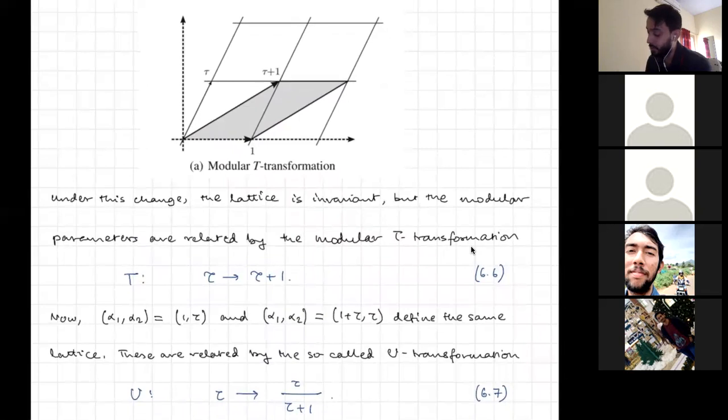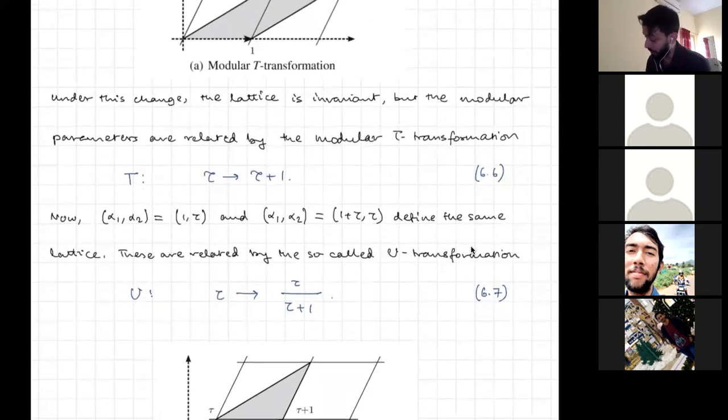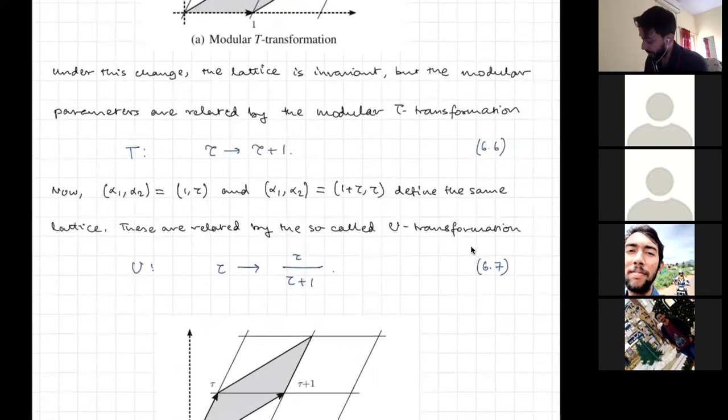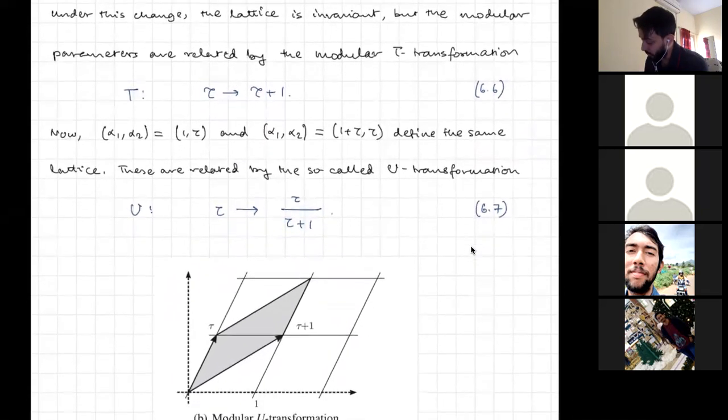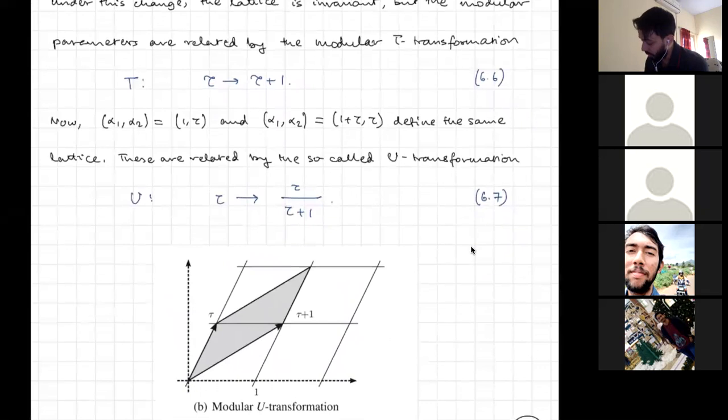And let's look at another one where alpha 1, alpha 2, which is 1 and tau, goes to 1 plus tau and tau. So let's look at this. This has gone to, the first is the same, but you have changed this one to go here. Again, it spans the same lattice.